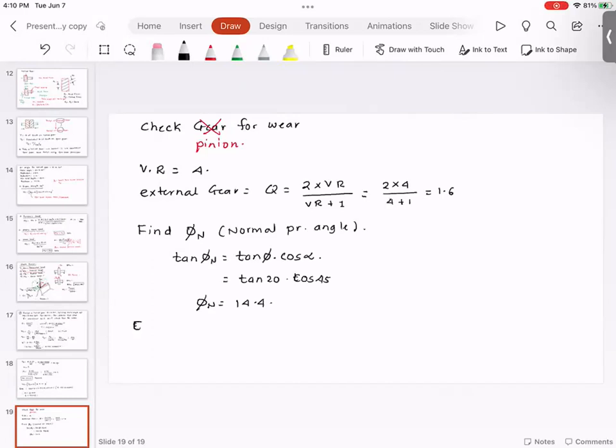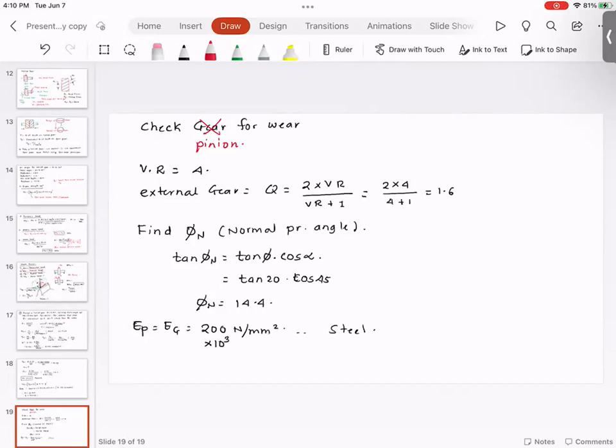EP is equal to EG is equal to 200 Newton per millimeter square, 200 multiplied by 10 to the power 3 Newton per millimeter square because it's steel.